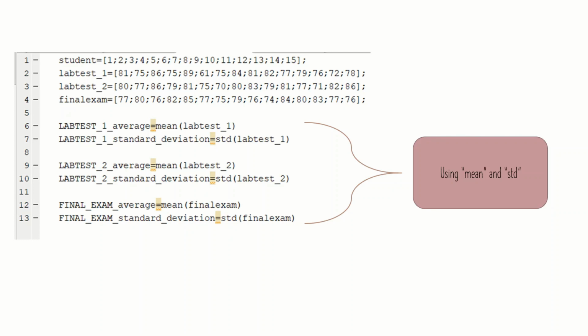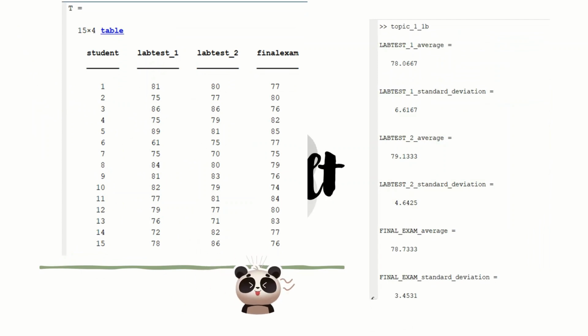For example, the line number 6 inside the bracket is lab test 1. So it means we want to find the standard deviation and the mean of lab test 1. Here is the result. The average and standard deviation for each test is on the right hand side. On the left hand side is the table as a reference.